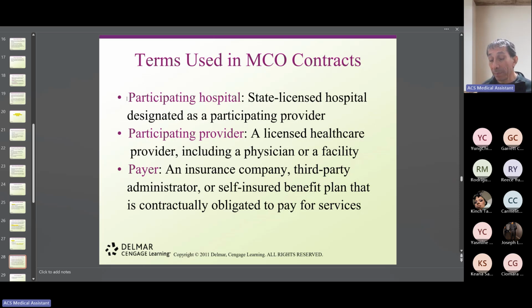Well, an insurance company pays for the services of the insured clients. That's how it is. Or the third-party administrator, which is the same. Or self-insured. If you have your own insurance, who's going to pay for your services? You. So that's basically what it is.